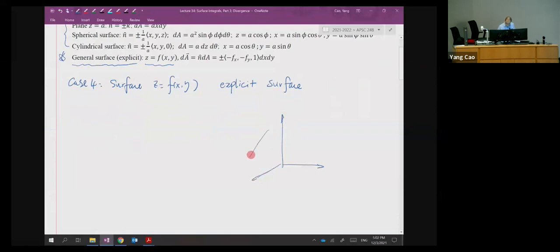A generic surface can be sketched like that. Of course, if you have the expression, you can sketch it very precisely. This is the generic surface integral formula, and we call this the flux. So, surface integral as flux.